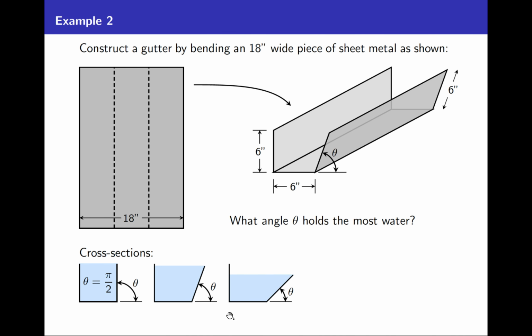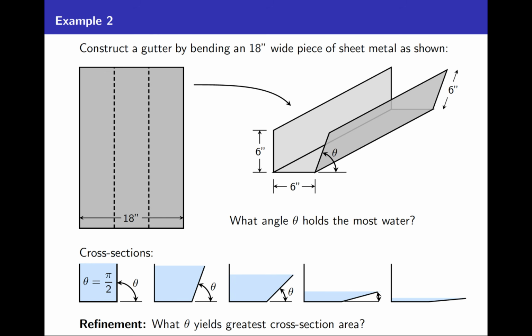But you have to be careful, because if theta started to get really small, like maybe 15 degrees or 1 degree, this gutter's not going to hold hardly any water at all. So the question we're trying to answer here is, what angle theta, 90 degrees or somewhat less than 90 degrees, would give you the greatest possible volume of this gutter?